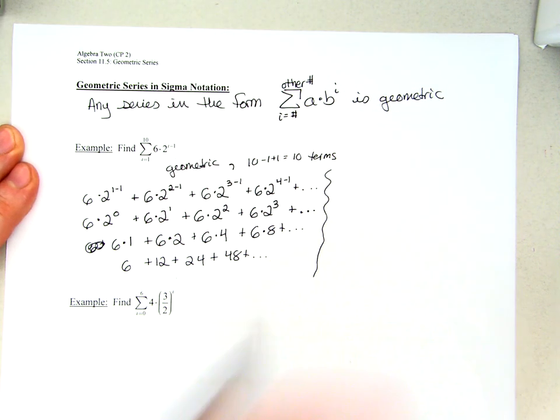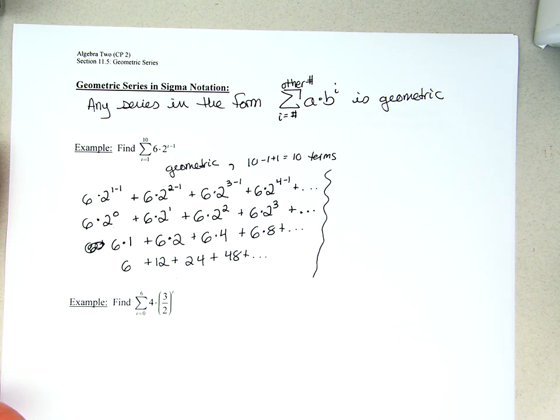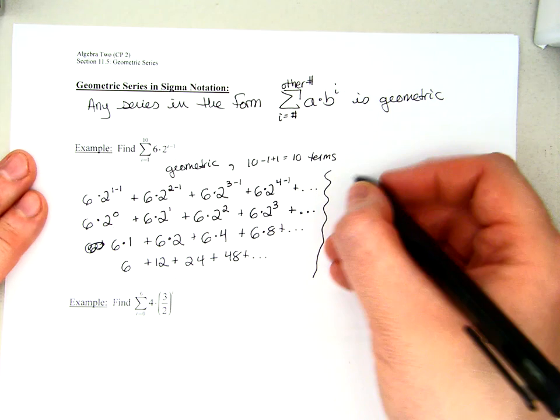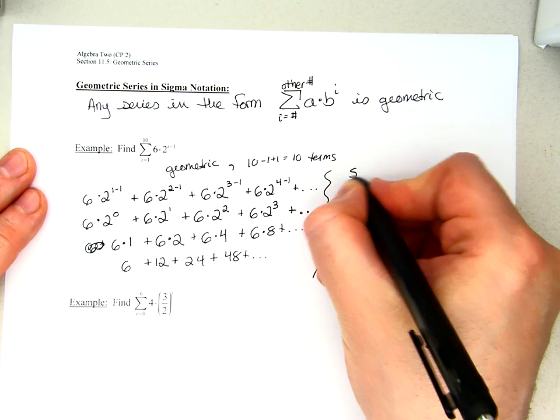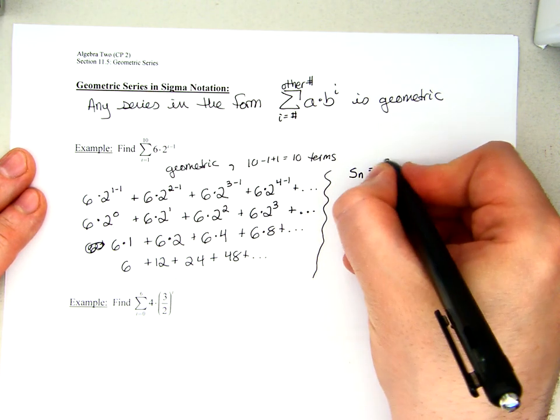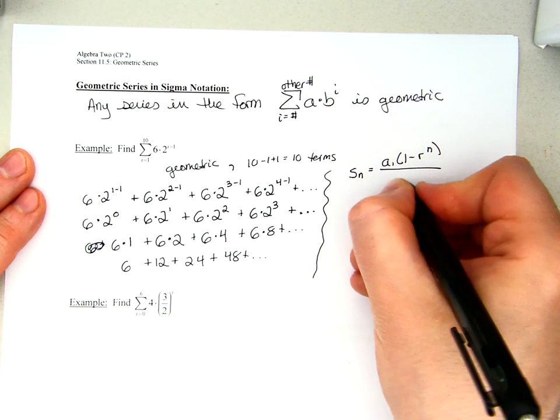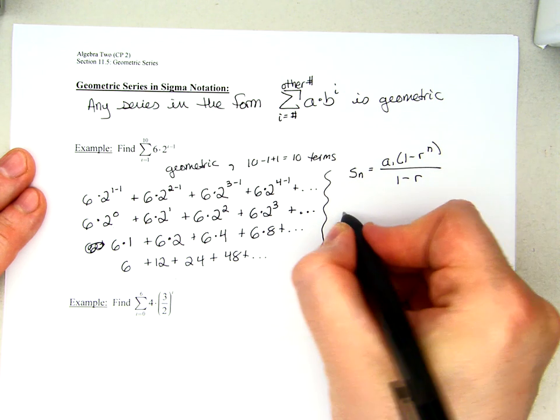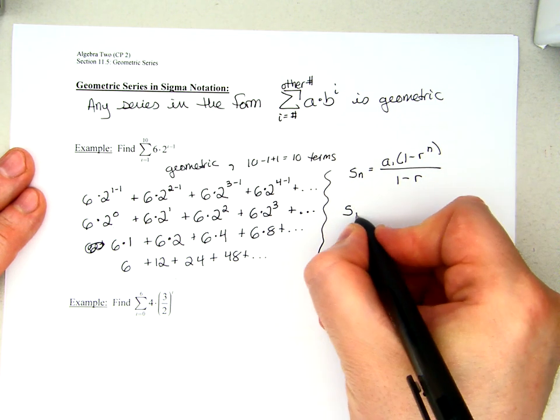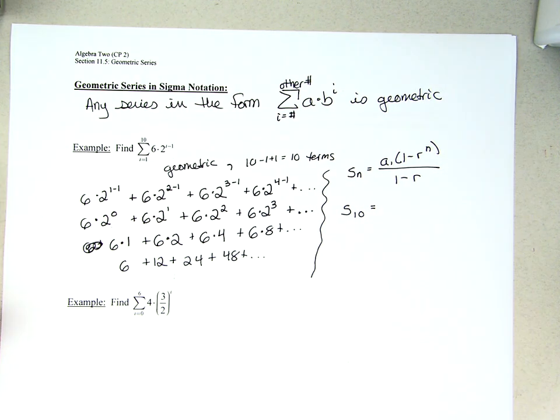Okay. I think I see the things that I need to be able to use my geometric series formula. And just to write that down again, S sub n equals a1 times 1 minus r to the n over 1 minus r. I am trying to find S sub 10.